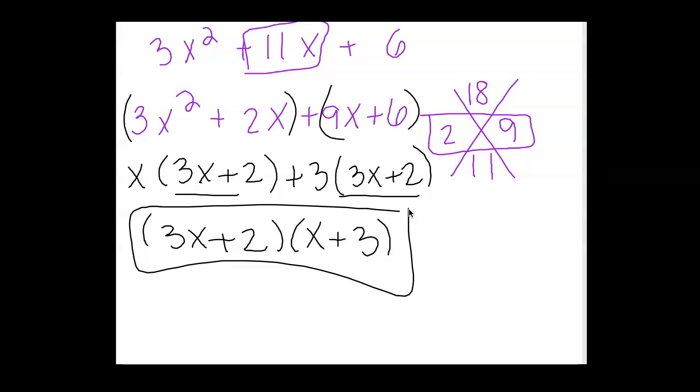Now, back in the day, you guys used to do guess and check. You would sit there and say, okay, what two numbers multiply to 3x? What two numbers multiply to 6? And then you had to sort of FOIL it to figure it out. With 3x squared plus 11x plus 6, it's not bad if you use guess and check.